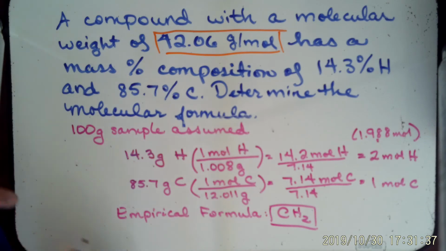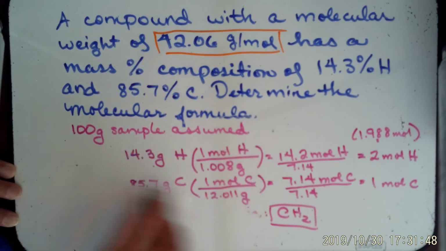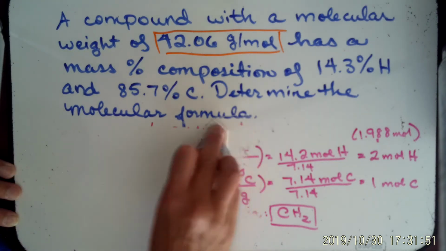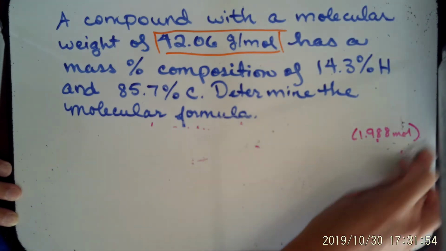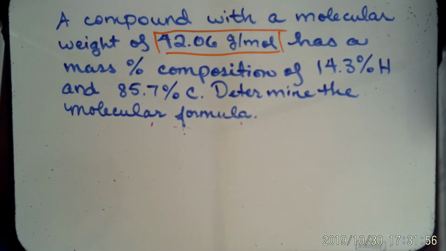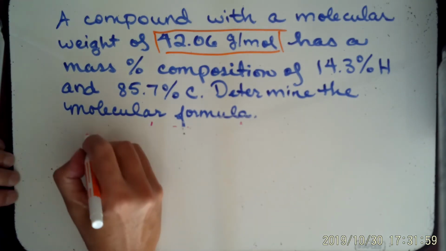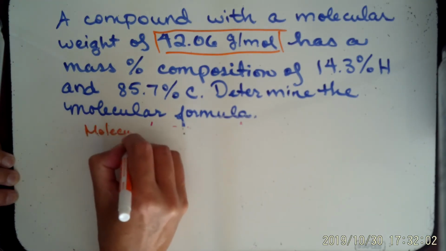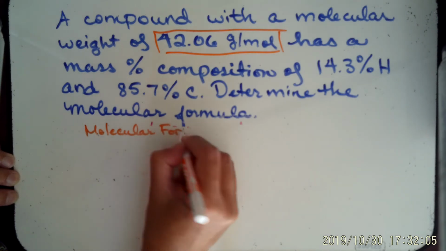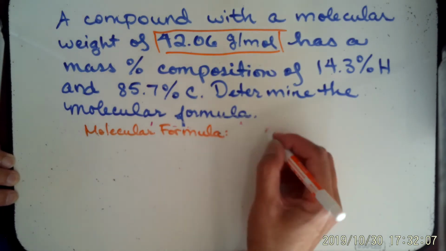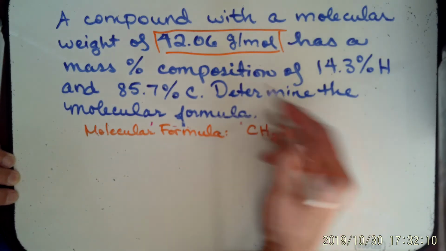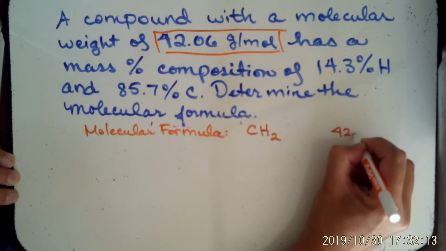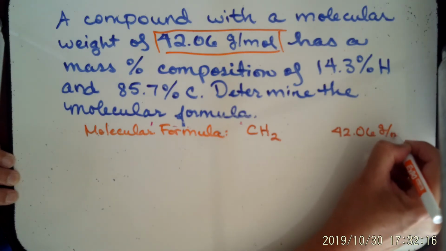Now that we have that, we can move on to step 2. So step 2 that we were talking about is that we had the molar mass, the molecular weight, and an empirical formula. So let's get our molecular formula because that's what we're after. Okay. So with a molecular formula, we need our empirical formula, CH2, and the molecular weight, 42.06 grams per mole.